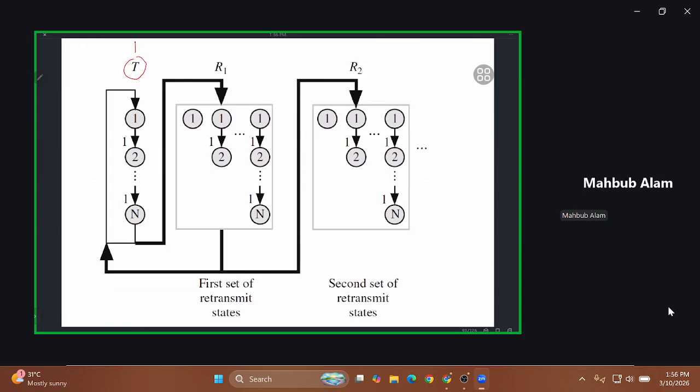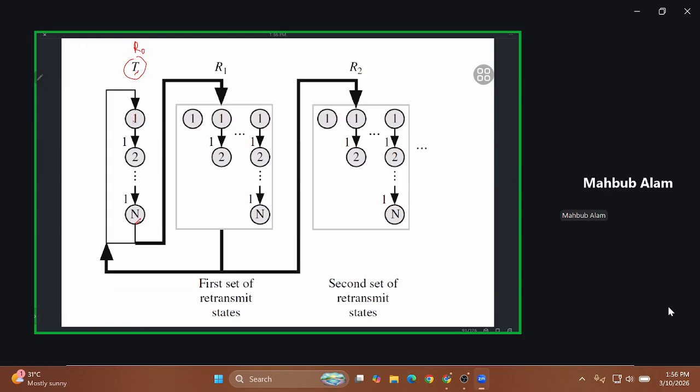So R0. R1 indicates you are retransmitting the first batch of packets. R2 means you are retransmitting the second batch of packets. What is the batch of packets? These are the fresh packets that you are going to transmit. How many packets are there? N packets are here.